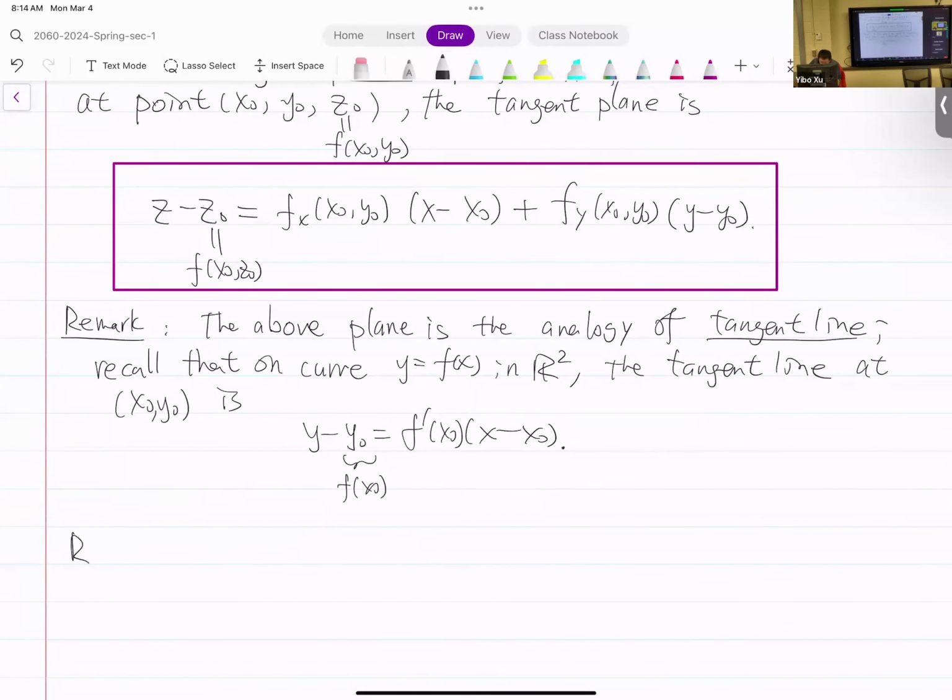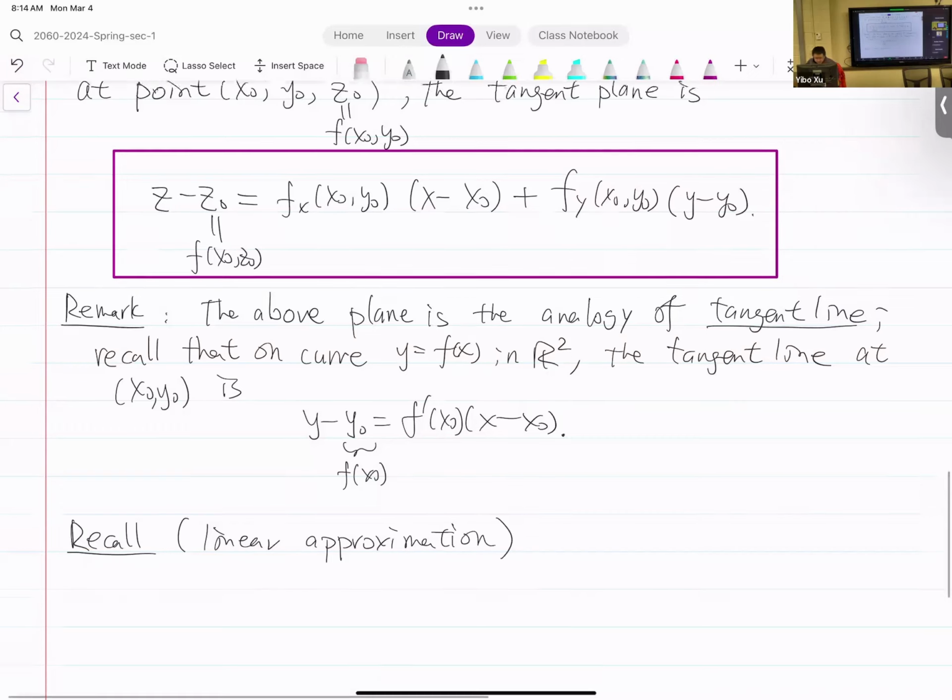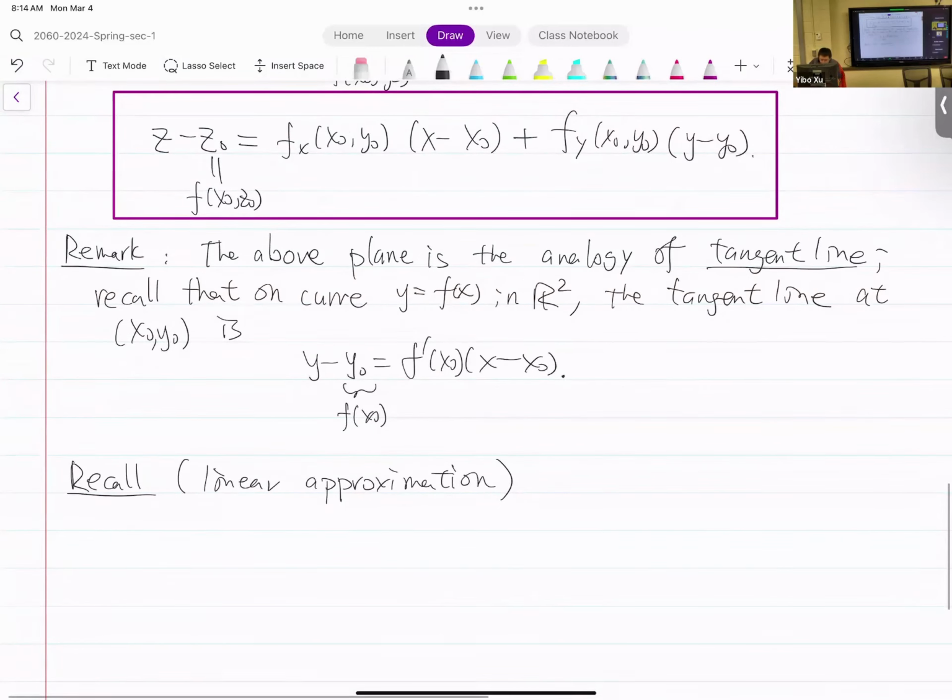So, let's recall linear approximation. Basically the linear approximation is the linear function that you use to approximate a univariate function, right?